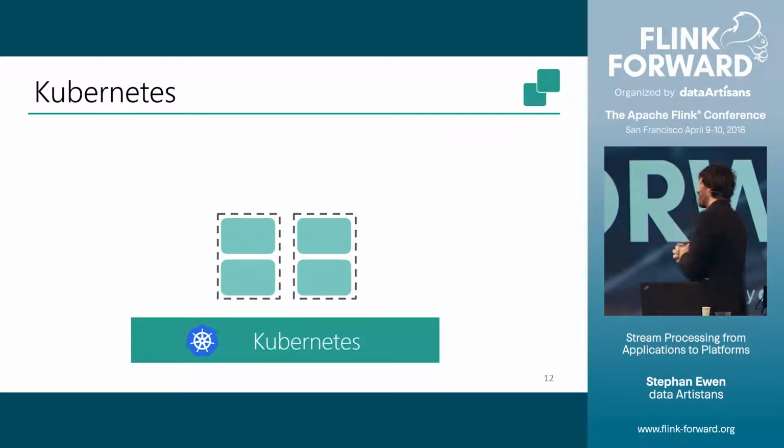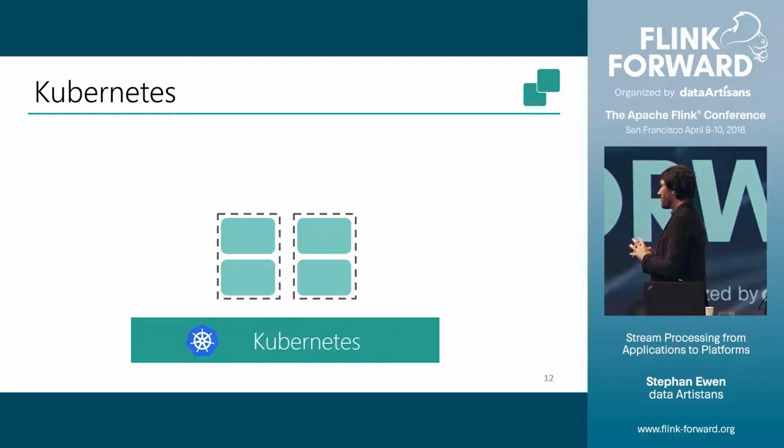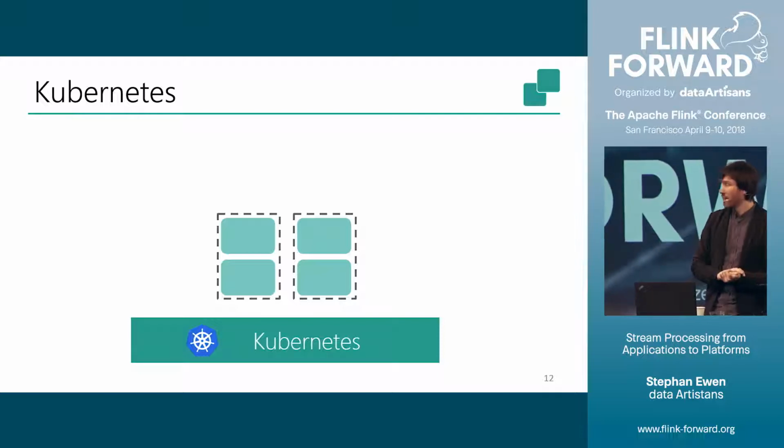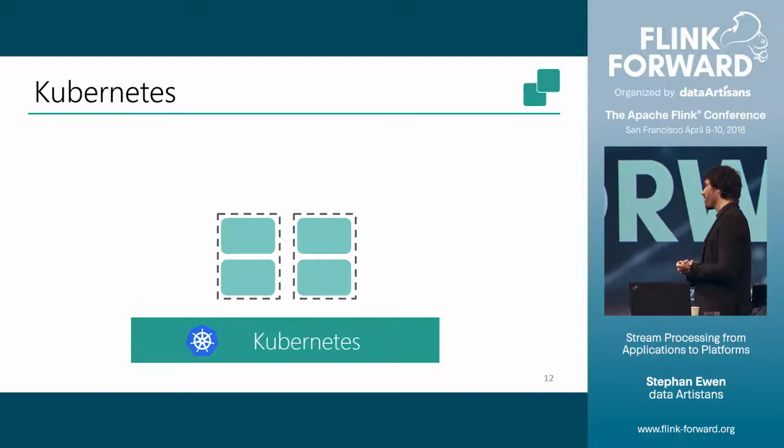On the resource management layer, it really seems everything is about containers these days, and Kubernetes has a very strong standing there. So we started looking at Kubernetes and its model and what is there for us. How can we make use of that for a streaming platform? Kubernetes has this really nice model.